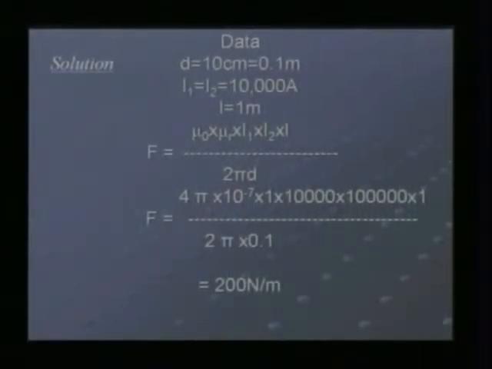The force between two parallel current carrying conductors, F, is given by mu naught mu r I1 I2 L by 2 pi d.